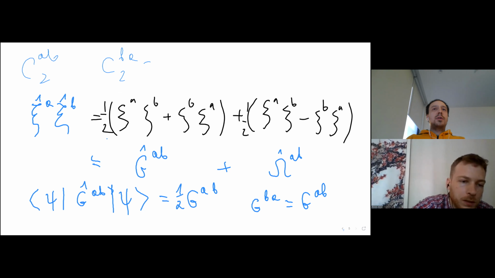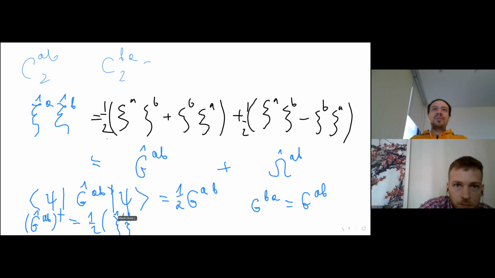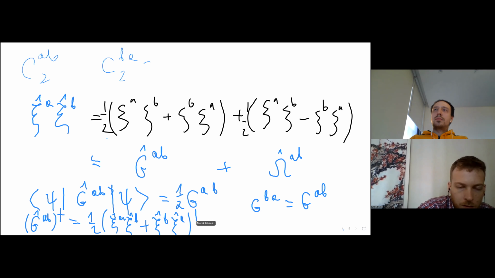So GAB dagger is 1/2 psi A psi B plus psi B psi A, and that will just swap, right?